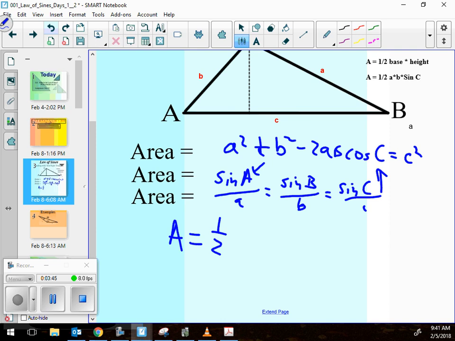Does anybody have this one memorized? All right: A equals 1/2 ab sine C. There's our three big formulas. You already know everything you need to know for the test coming next Wednesday.